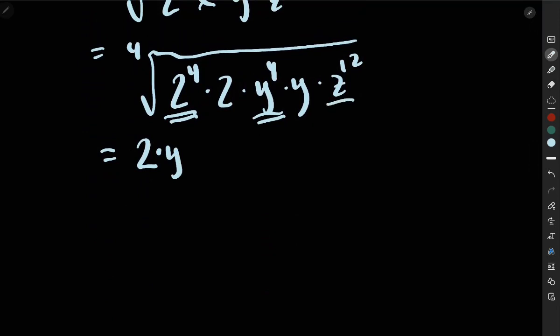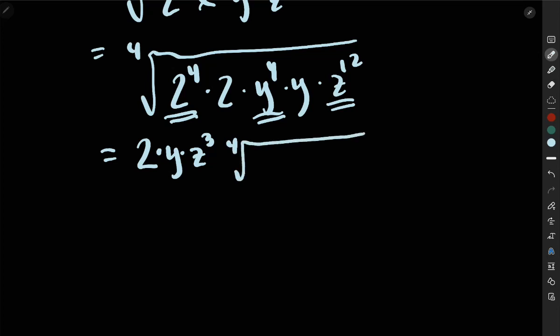And then for z to the power of 12, since we can divide 12 by 4, it's 3. So we can put out the z as z to the power of 3, because we divided the exponent 12 by the fourth root, or 12 divided by 4. So it's 3. What's left inside the radical symbol? We will rewrite this again: z cubed and then the fourth root.